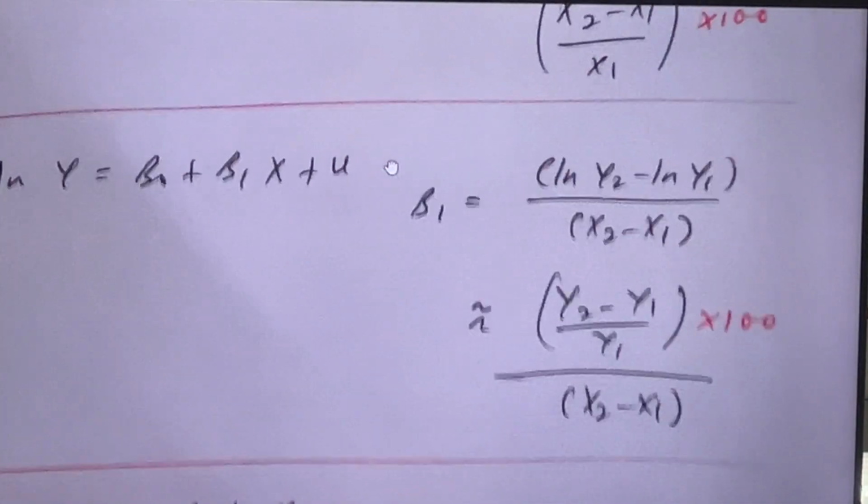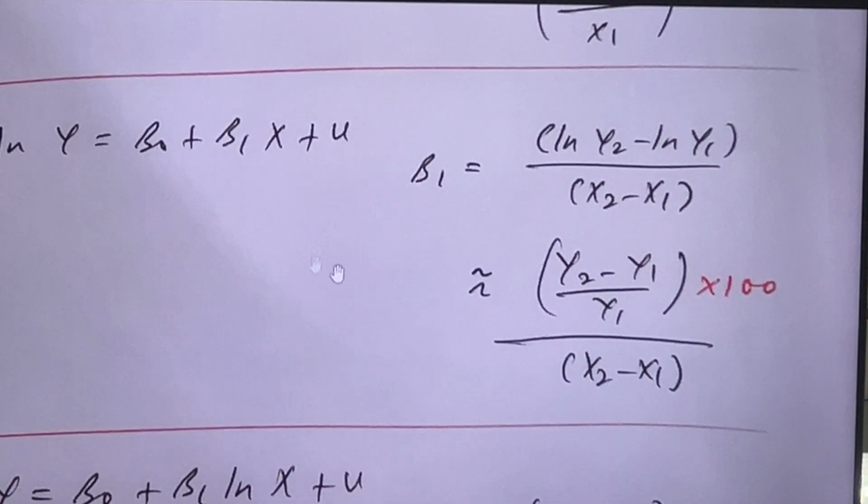We just recall for log linear model supposed to be this one, log linear. So we have log Y by dependent variable original values without log.